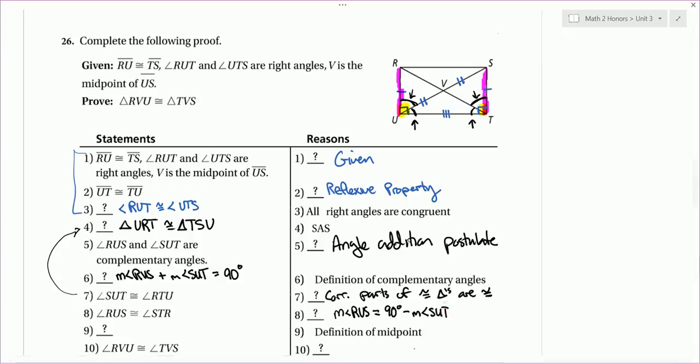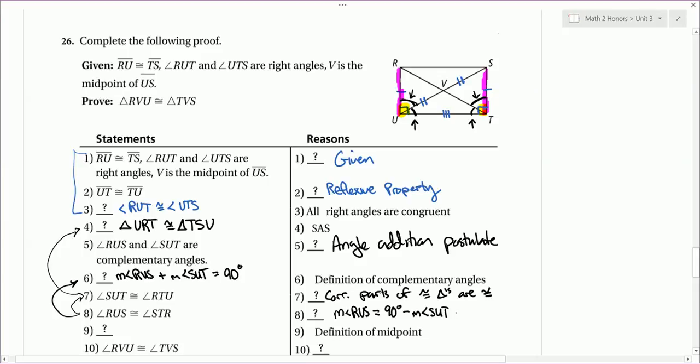That's just a direct result, so 8 is coming from 6. And then in 7, we said SUT is congruent to RTU.